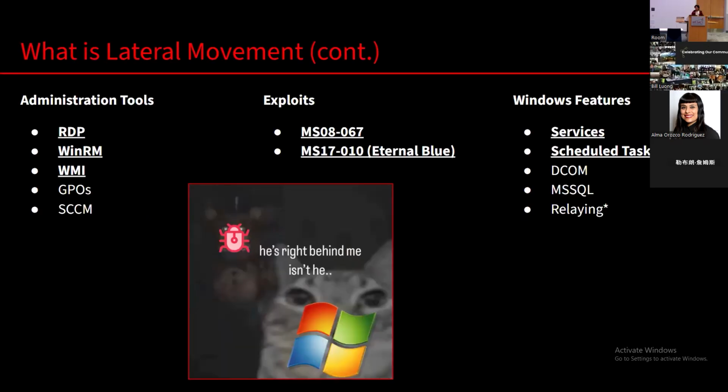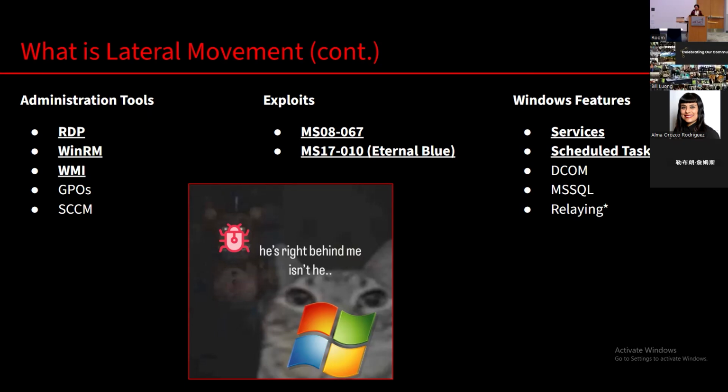I've classified the different ways to laterally move on Windows into three classifications. It's a little arbitrary. We have administration tools, which are what sysadmins use to administer and configure a system, and which can be used maliciously just as they can be used to configure the system.